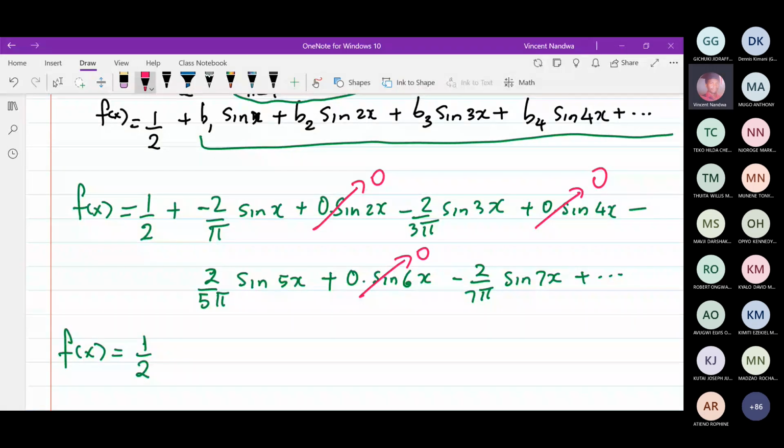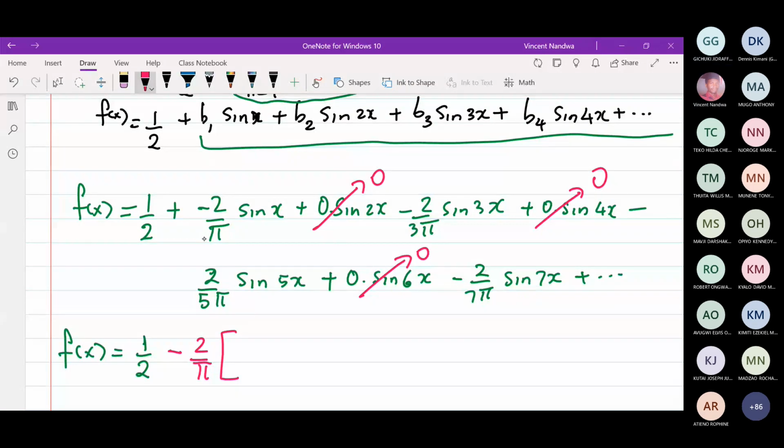If I factor out minus 2 over pi, my first term will be sine of x, followed by plus sine 3x divided by 3, because we have a third sine of 3x.